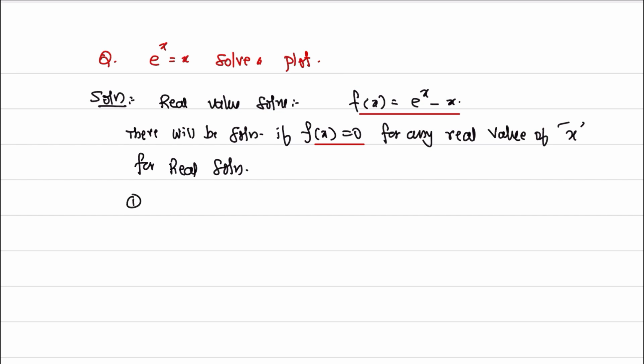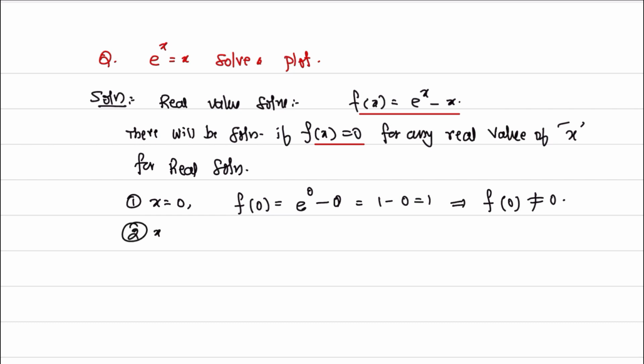Let us take x is equal to 0. Then what happens to function x? Function 0 is equal to e to the power of 0 minus 0. What is the value of e to the power of 0? That is 1. 1 minus 0 is 1. That means function 0 is not equal to 0. Hence there is no solution at x is equal to 0.